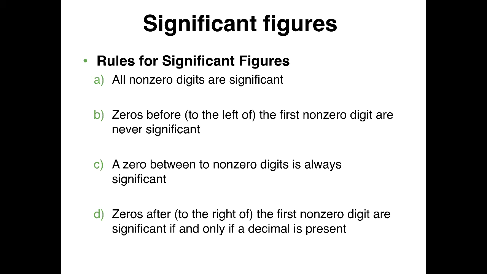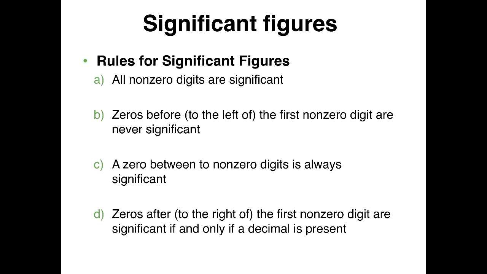That 0 has to be there in order for you to express the number 10 as opposed to the number 1. It's just a placeholder, so there's only one significant digit there. If you express the number 100, there's only one significant digit there. But if you put 100 period, then you're saying that those two zeros are also significant by putting the decimal in that place.